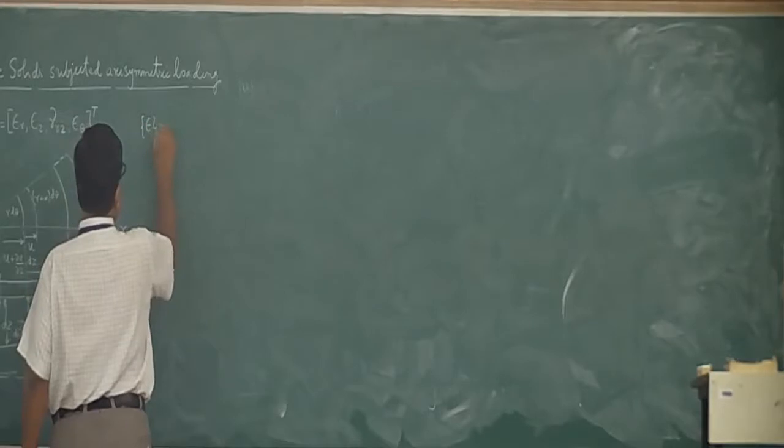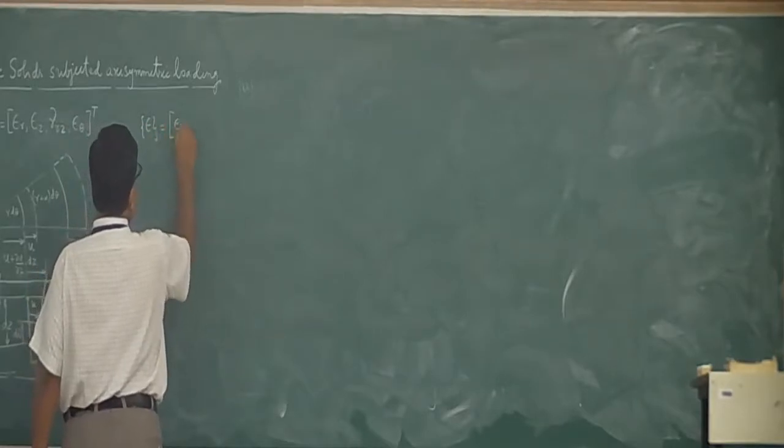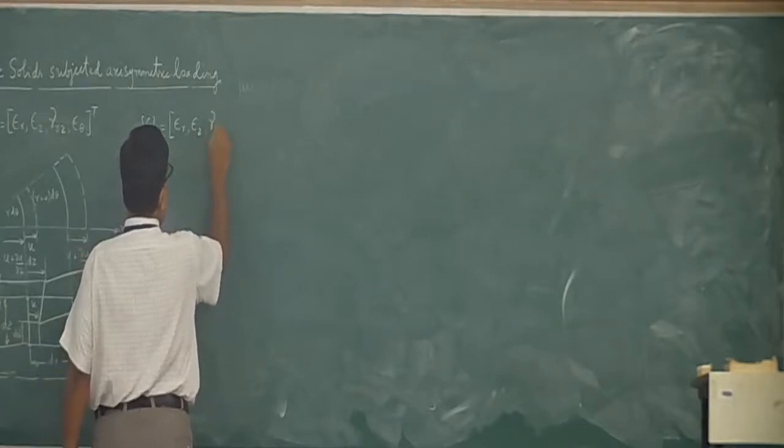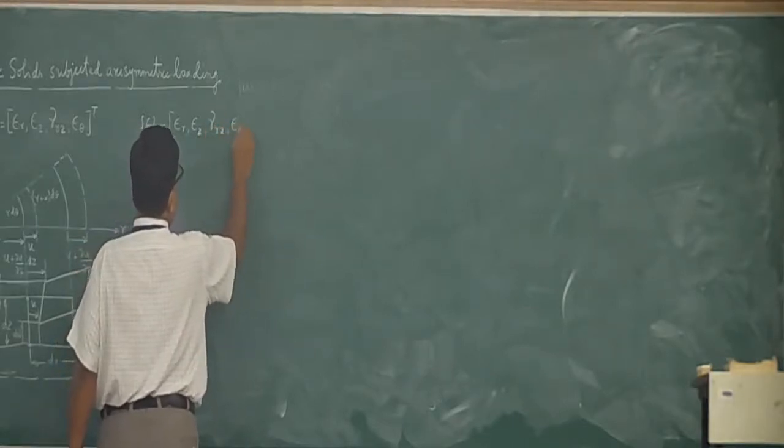Strain here is nothing but epsilon r, epsilon z, gamma rz and epsilon theta.